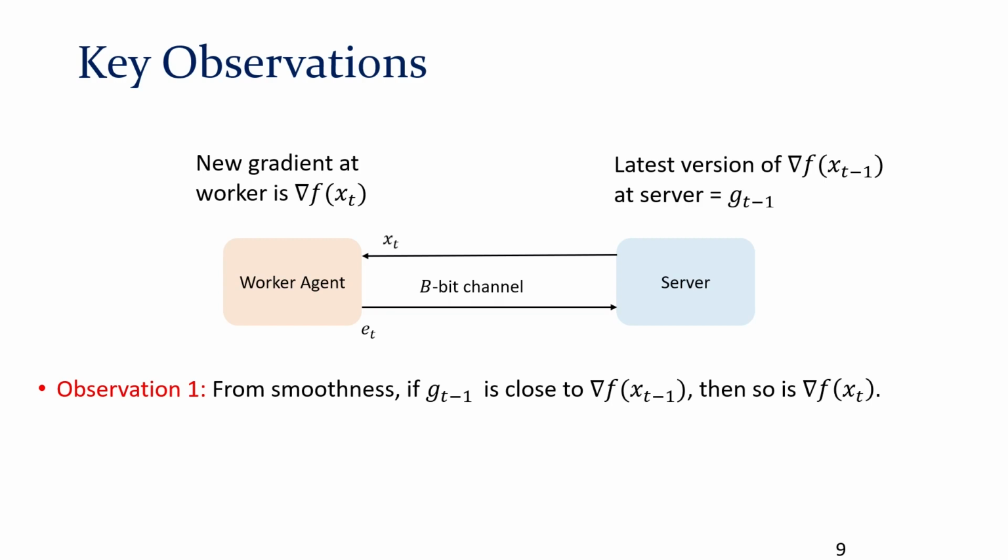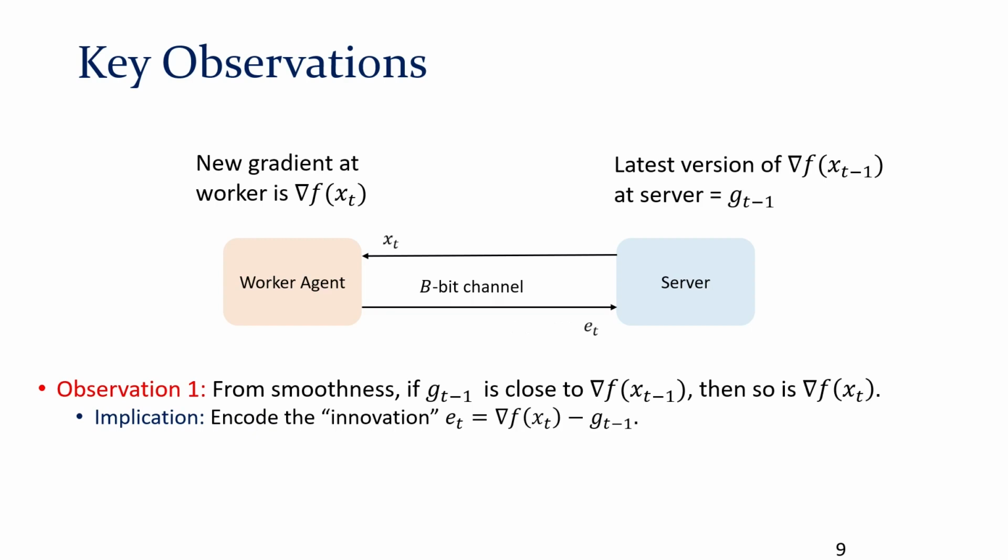Right? So if g_{t-1} is close to grad f(x_{t-1}), it must also be close to grad f(x_t). So the implication is that, at the agent, you should really be trying to encode what's new in the gradient at iteration t relative to what's already known about this gradient at iteration t-1. Because that's what we call the innovation in the gradient signal.